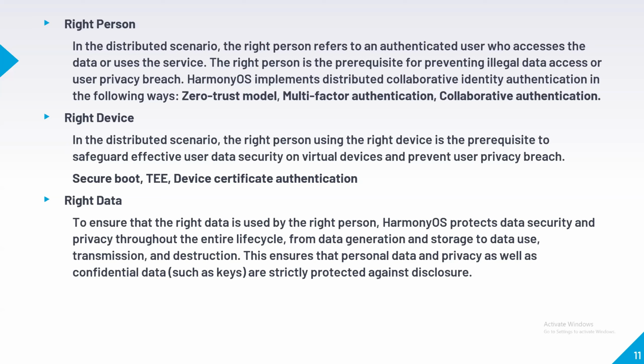We both are clicking pictures. I want to access the photos of my friend because we are in the distributed network and we have given access. But since I employ the zero trust model, whenever I try to access the photo, there will be a pop-up on my friend's phone: this guy is accessing your pictures, is he allowed to access? So this is the zero trust model. Always you ask him to authenticate.